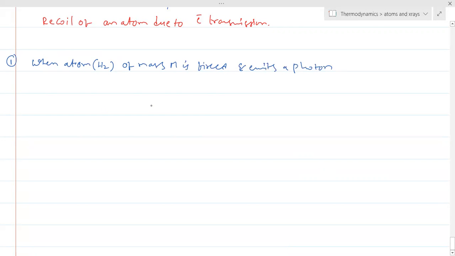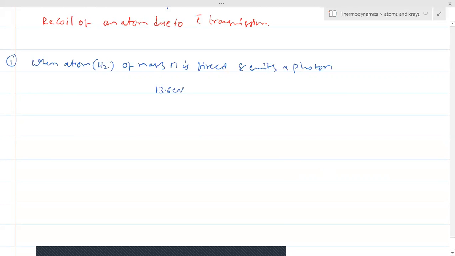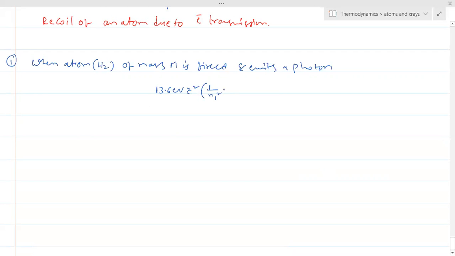So we know that 13.6 eV × Z² (1/n1² − 1/n2²) is equal to the energy hc/λ of the photon. This is very well known to us.